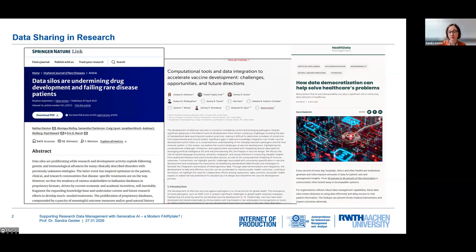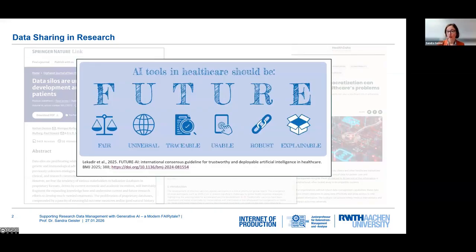Of course, research data management is essential for utilizing intelligent methods like methods in AI. Here we also need more and more data to train the models that we want to use. And we also need properly described and curated data, because here is an example for a concept in healthcare.